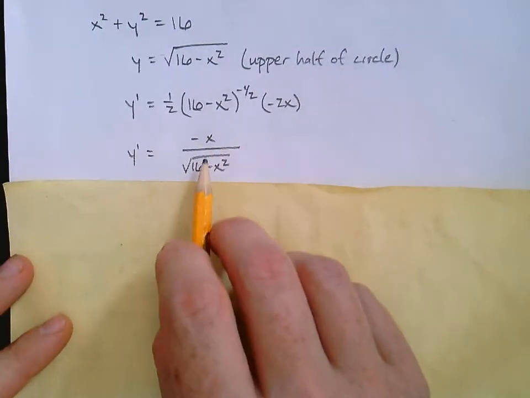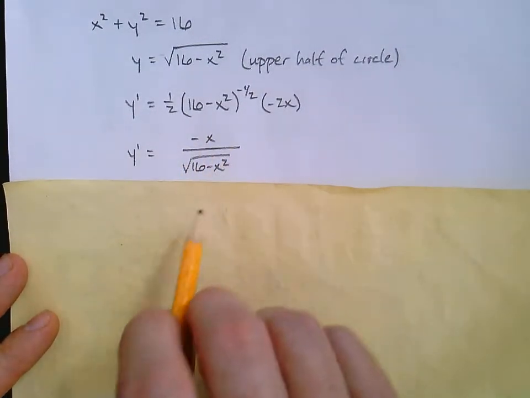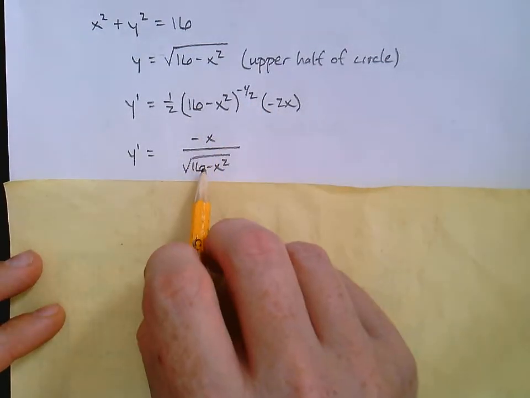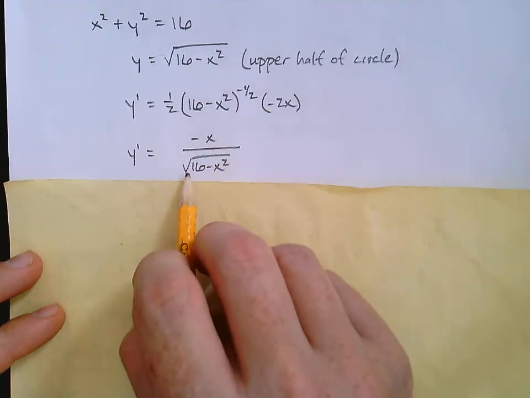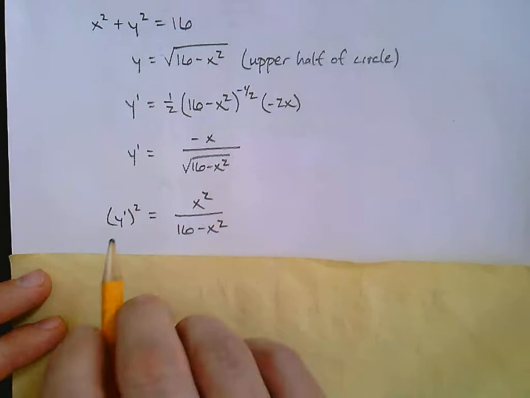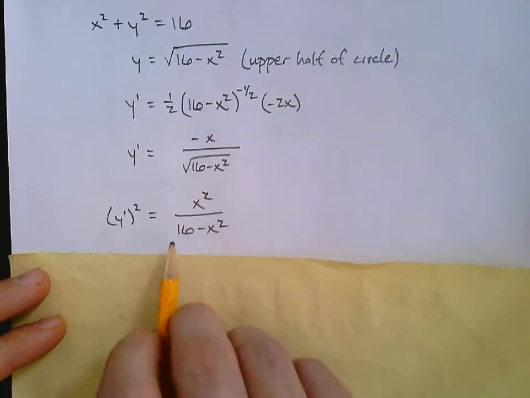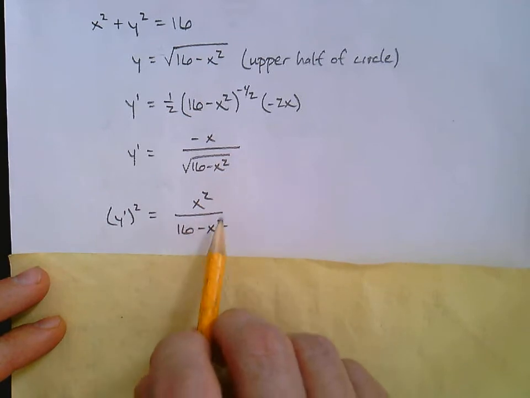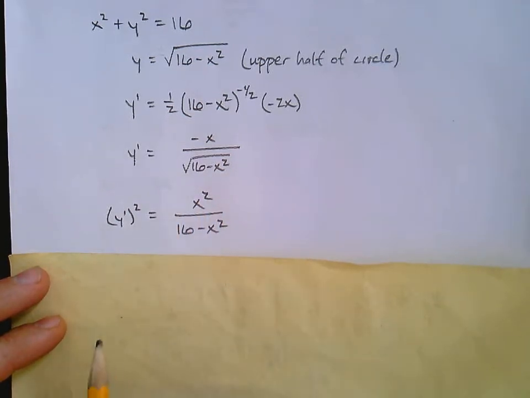And I'm going to go ahead and write it as a fraction. I really prefer it in this style since we're about to square. So I'll put the negative x on top, and then underneath, let's go with square root 16 minus x squared, so that when we square, we really see it come out nice and neat, and it's going to be easier to work with this fraction later as well.